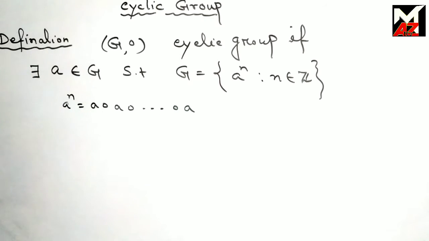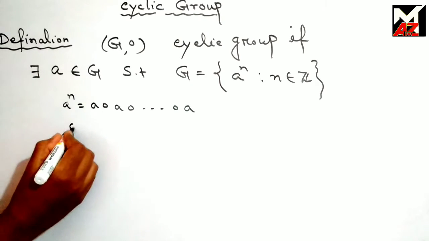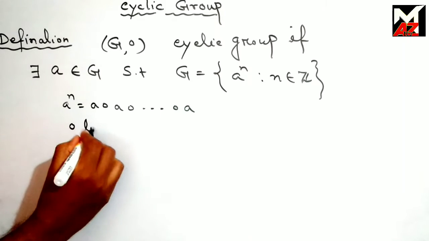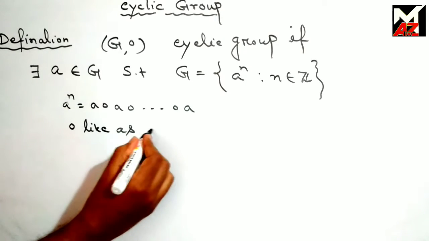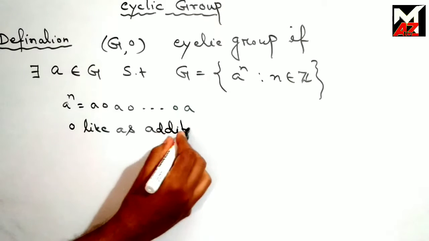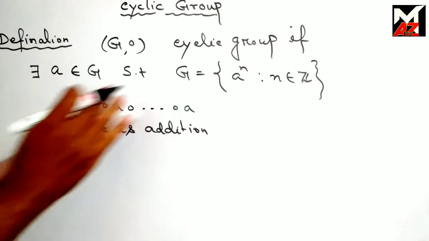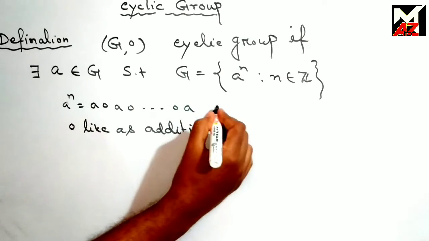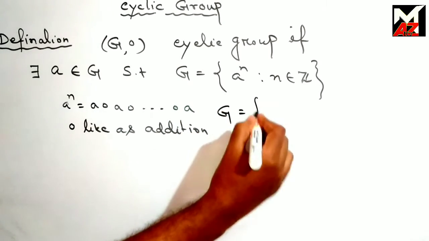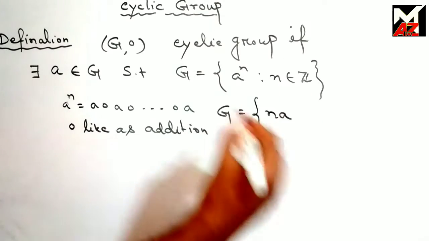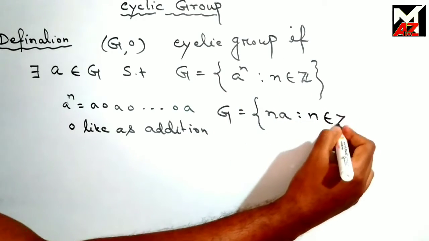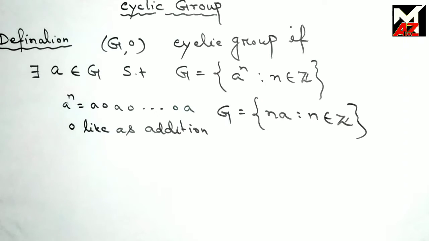If we consider the operation circle as addition, then this definition of the group may be written as G is equal to na such that n belongs to Z, right?